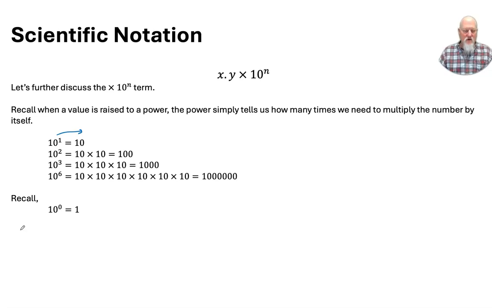Multiply 10 by itself once. 10 to the second power, or 10 squared, is 10 times 10, which is 100. 10 cubed, or 10 to the third, means 10 times 10 times 10, which is 1,000. 10 to the sixth is 10 times 10 times 10 times 10 times 10 times 10, which is going to be 1,000,000. The power tells us how many times to multiply 10 by itself. 10 to the 0 is defined as 1. So anytime you see 10 to the 0, that's just 1.